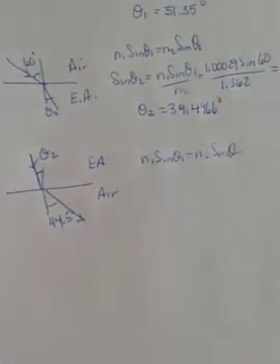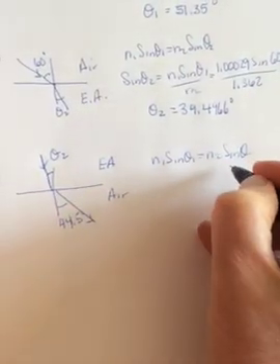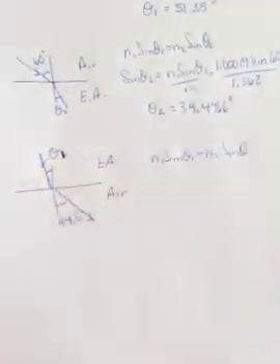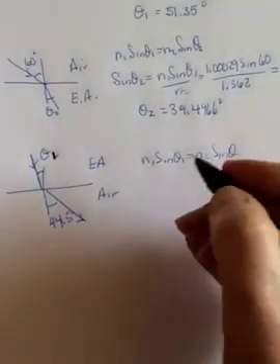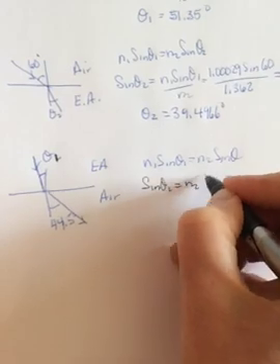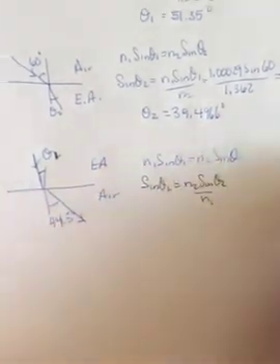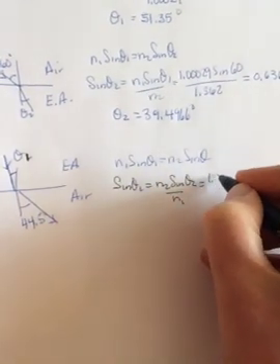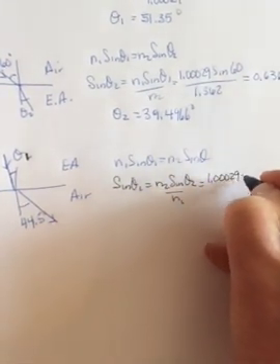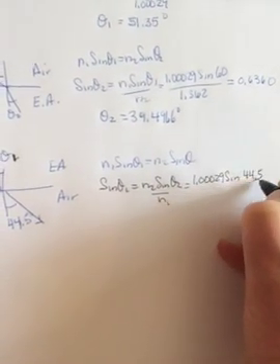My pen is not going to make it to the end. We're solving, I call that 2, but it's really 1. So we're solving for 1. So sine theta 1 is equal to N2 sine theta 2 over N1. N2 is air this time, 1.00029 sine of 44.5.